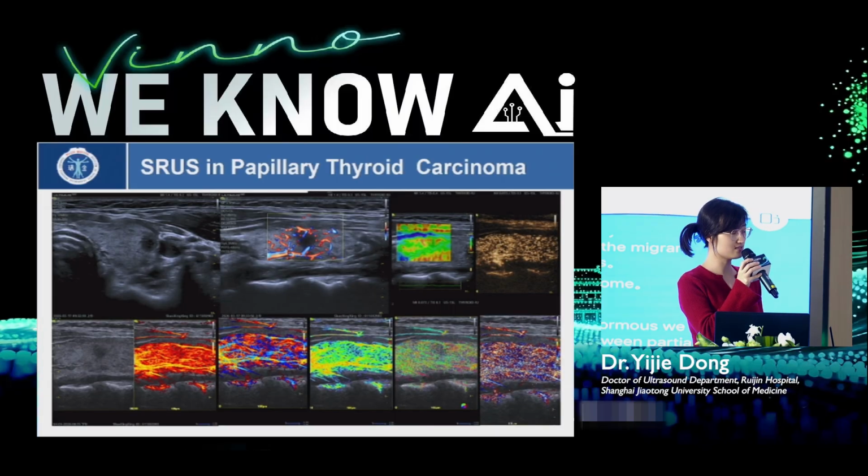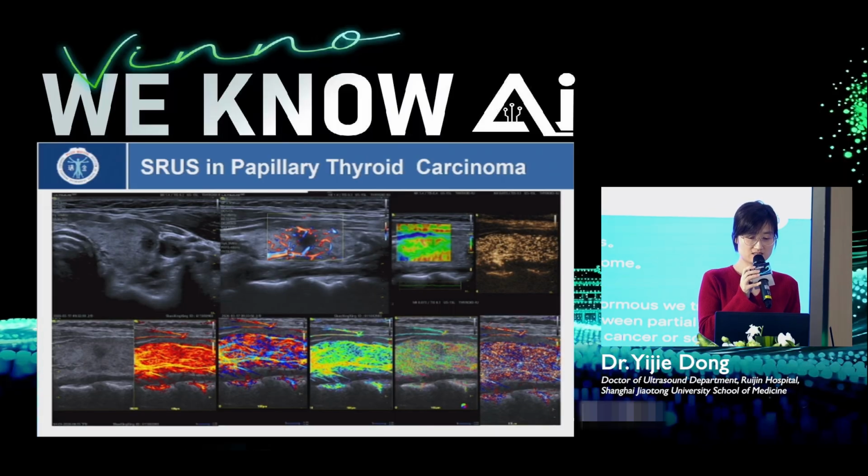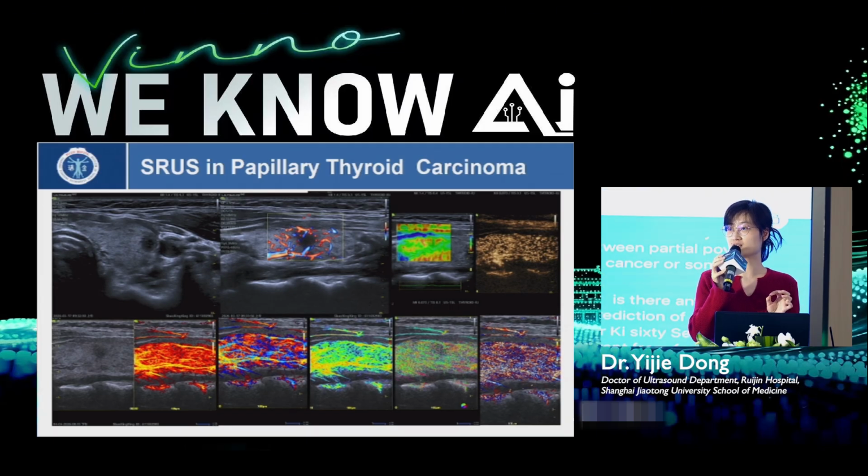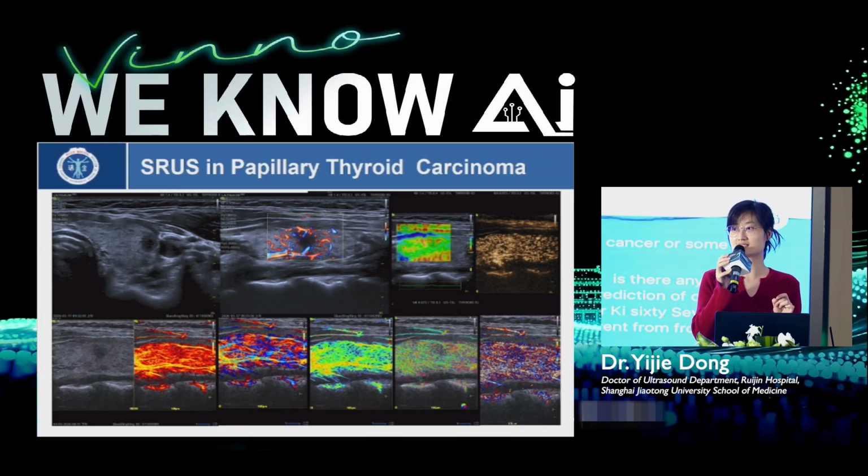And then this is thyroid tumors. As we all know, papillary thyroid carcinoma is very common in clinical work. In our department, over the last year we performed ablations for over 2008 cases of thyroid benign and malignant tumors.